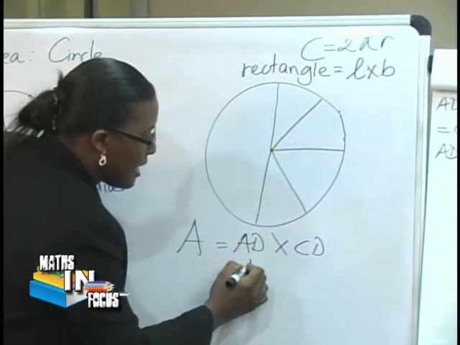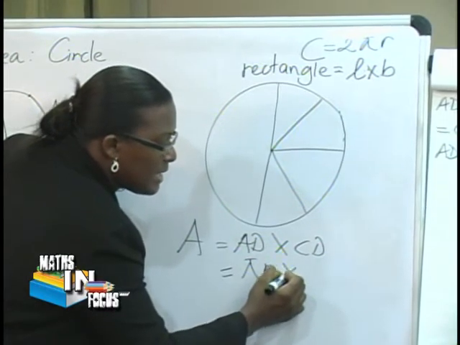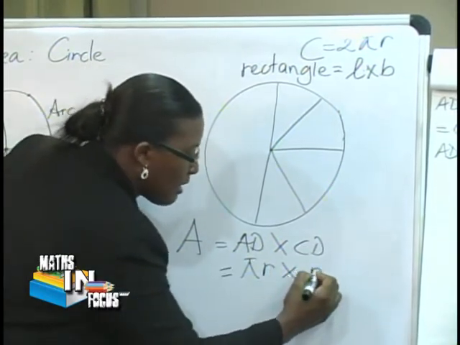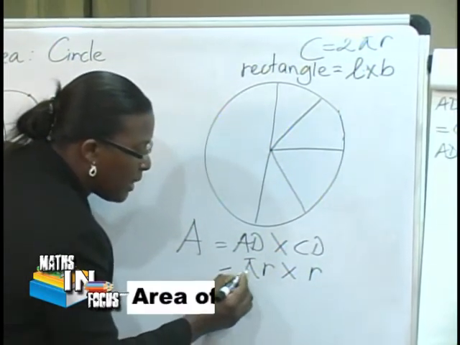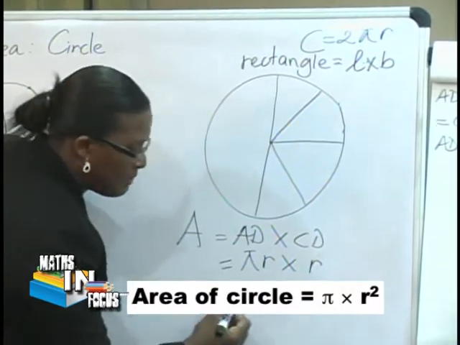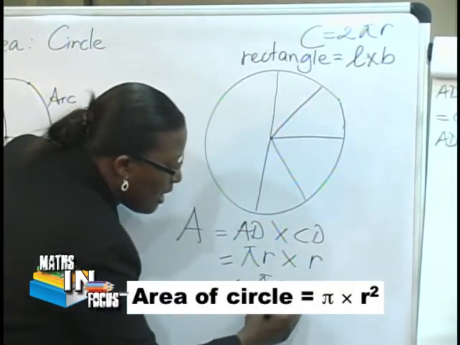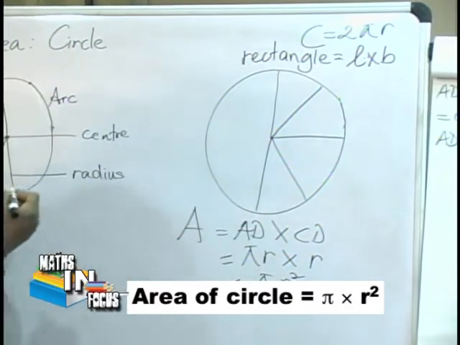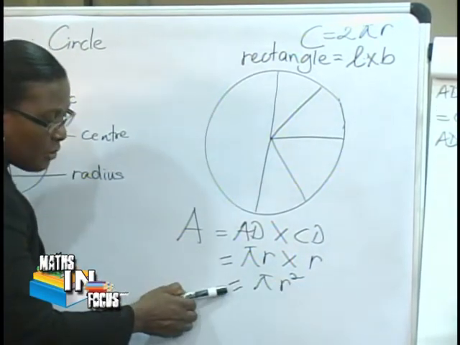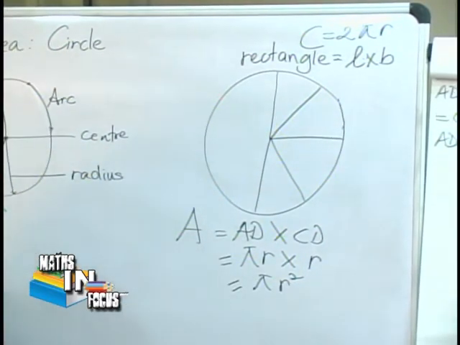AD would be pi r, and CD, the width, would be r. So pi r by r gives us pi r squared. So this is the formula we'd use to find the area of a circle. Any questions there? No. Good.